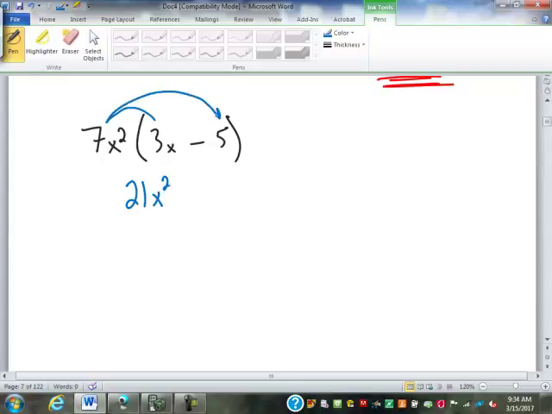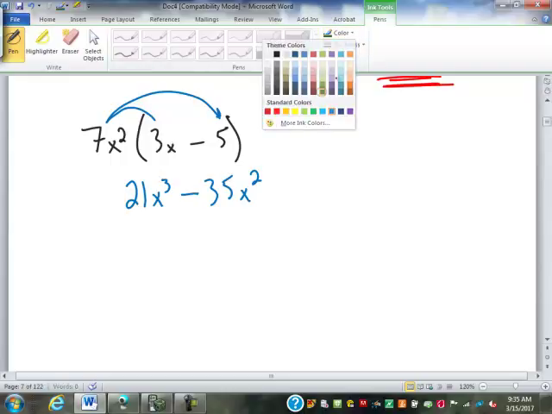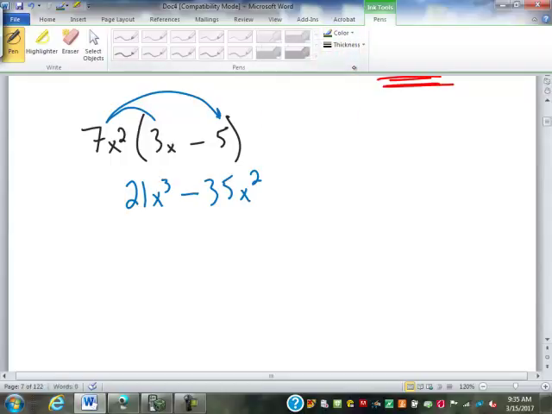And 7x squared times negative 5, negative 35x squared. This actually should be x to the third, shouldn't it? 21x to the third minus 35x squared. I was wondering why everybody was looking at me funny there for a second. So we just multiply that out by distributing it through like that.